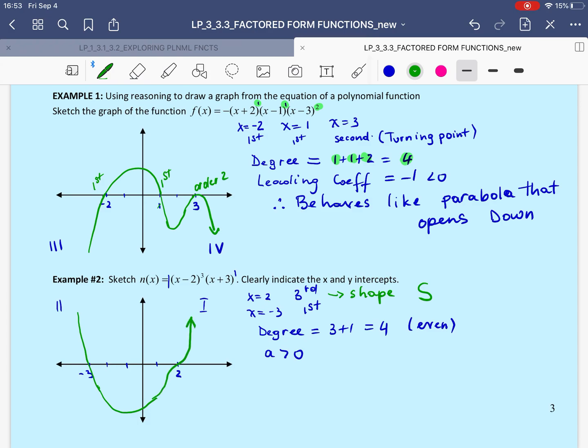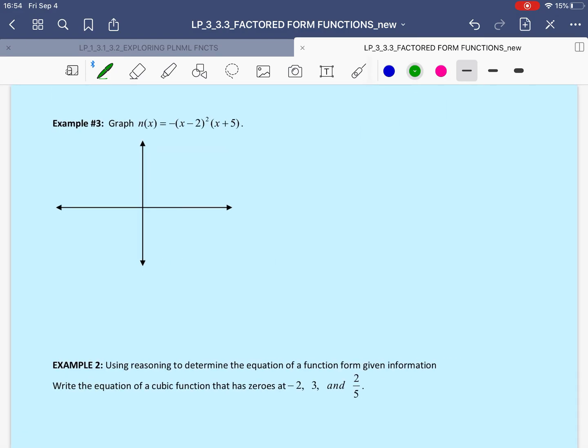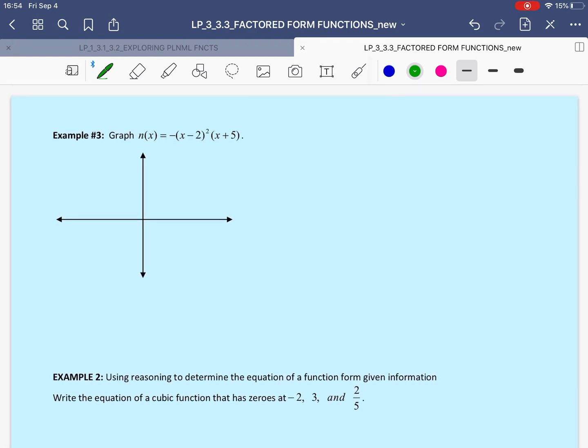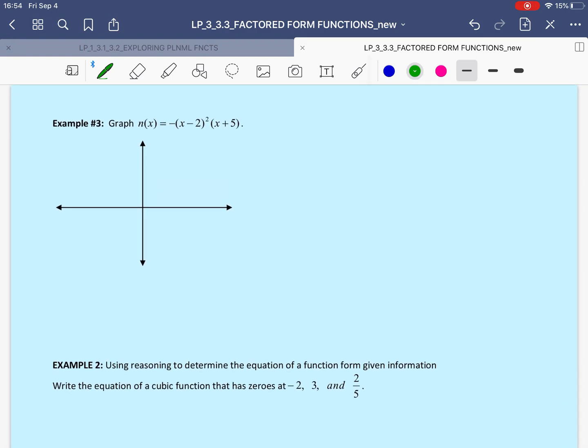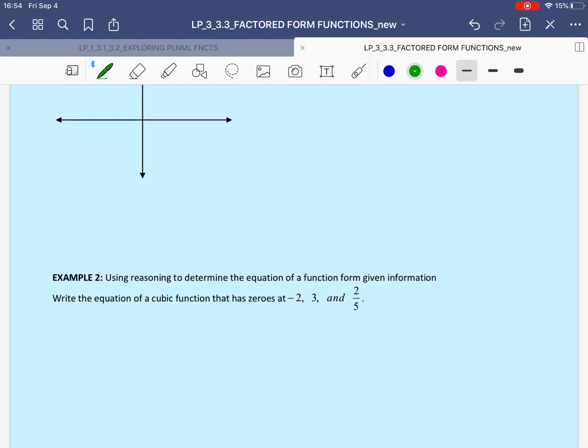So as we approach it, we are going to go ahead and make this shape as pronounced as we can. Okay, and that would be the graph for an even degree function with a first and a third order root. So you have a couple more, another example very much like the one we just completed, so you can do this on your own.